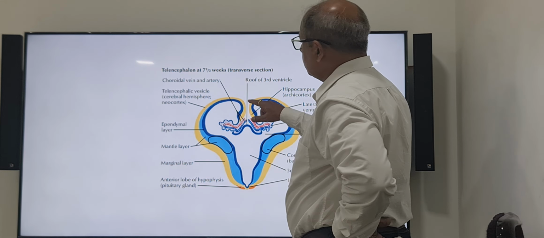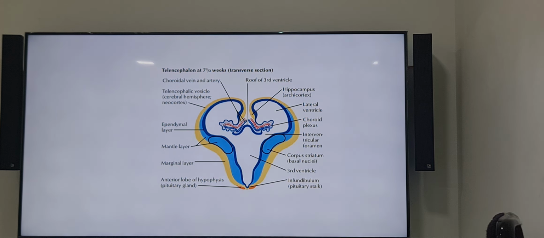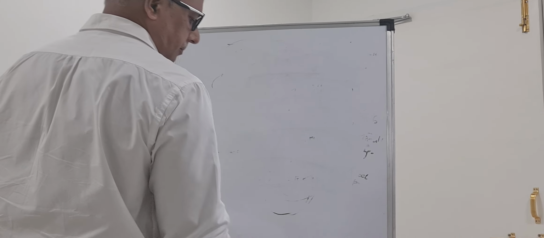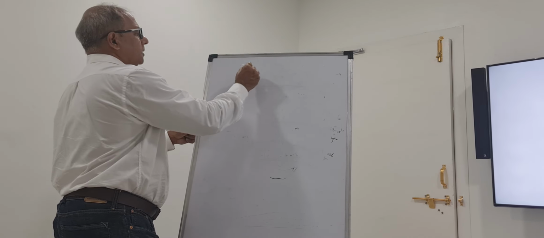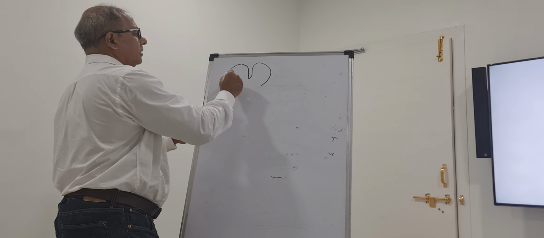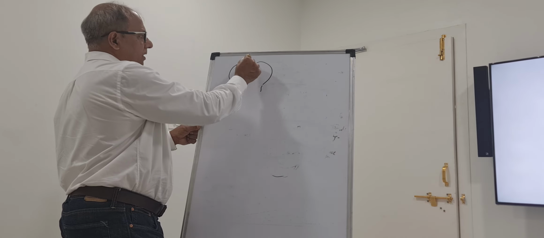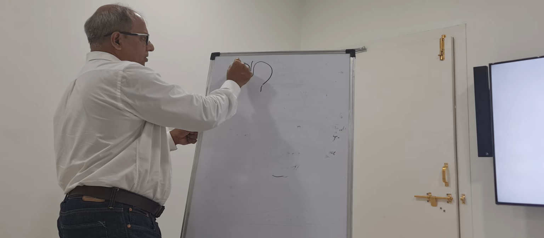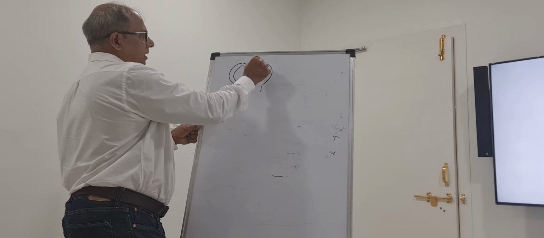Now, if you see this part, if I cut this part, this is the prosencephalon, and it is converted into the telencephalon. Now in this telencephalon, something is going down, and this is the neural tissue, and there will be a floor of the neural tissue also just below the telencephalon.